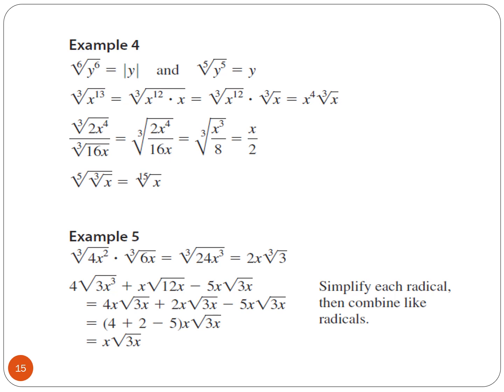Now also you can simplify radicals. For example, the cube root of x to the 13. 13 is not divisible by 3. But you can write the 13 as x to the 12 times x, and now distribute the cube root. So this should equal the cube root of x to the 12 times the cube root of x. The cube root of x to the 12 is just x to the power 12 over 3, which is x to the 4.